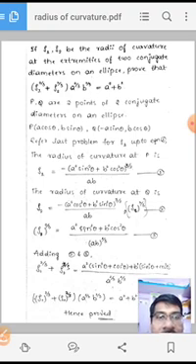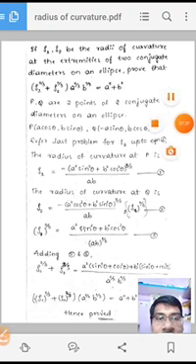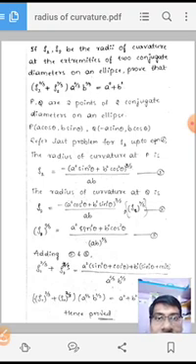Here refer to the formula. The radius of curvature at a point P is obtained by substituting a cos θ, b sin θ.